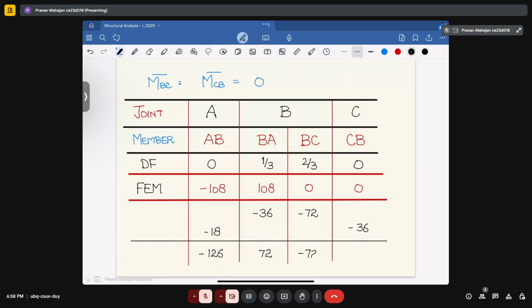Here it will come as minus 72 and minus 36. Fine. So that means we can end it here in the first step only. So this will give you the absolute moments at different points in the section.